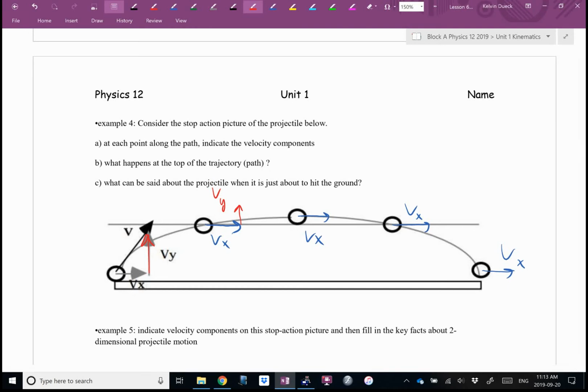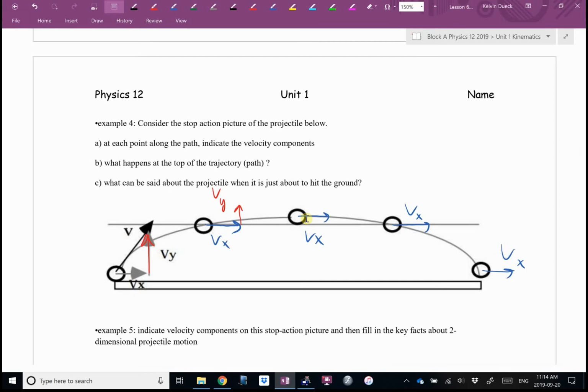What about at the top for a split second? What's the vertical velocity right there? 0 for a split second. And so at the top, all I could ever draw if I was breaking into components was Vx. Doesn't mean V is 0. It's traveling sideways still. But the vertical component is 0.